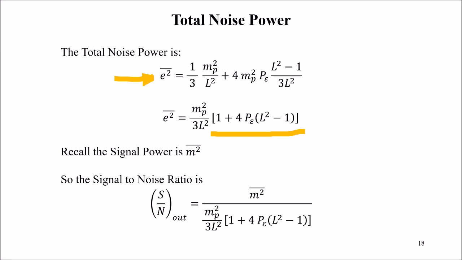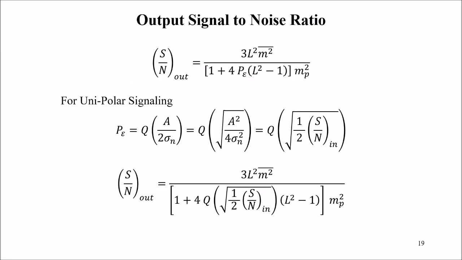MP squared over 3L squared times this term in brackets, 1 plus 4 times the probability of an error times L squared minus 1. With a little bit of algebra, we now have an equation for the signal to noise ratio at the output of our detector. This includes both quantization noise and detection noise.